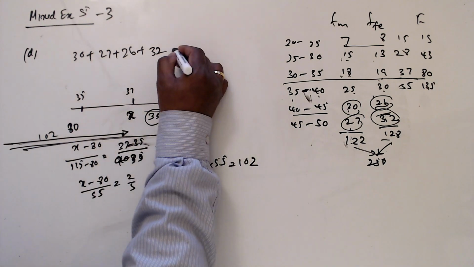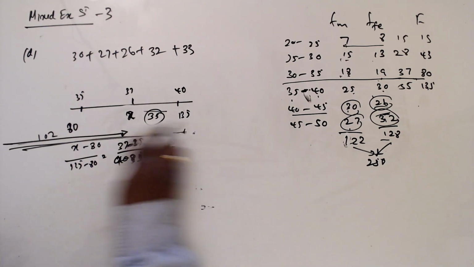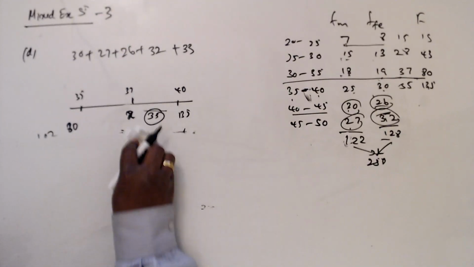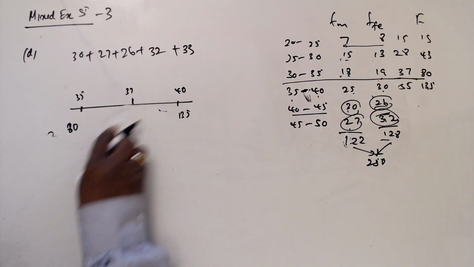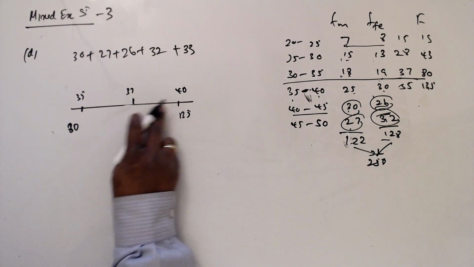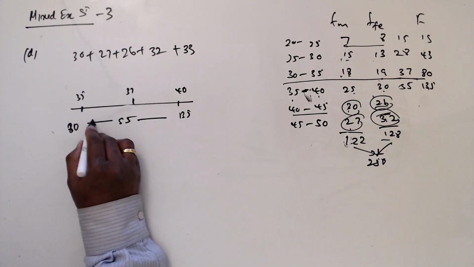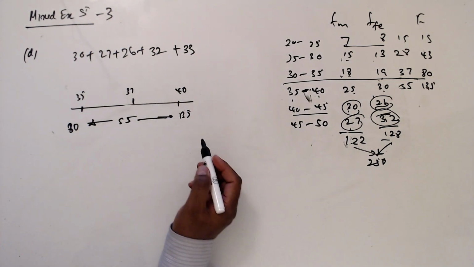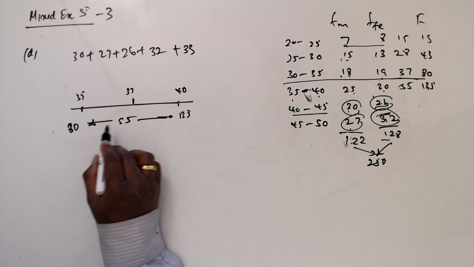Then we have to add 33 to this one. Or another way of calculating this one is, now this distance is 55. The gap is 55. From here to here, this total gap is 5.